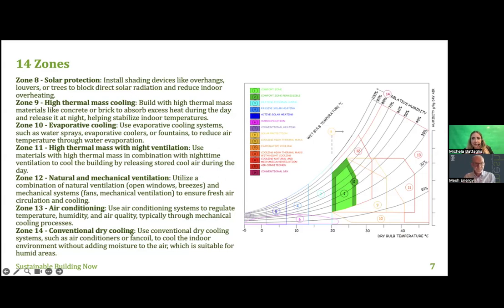Then in zone 9, we could implement the strategy of high thermal mass cooling. It's really important that all the thermal mass needs to be inside. For example, we could use walls inside our building that have high thermal mass, with materials like cement, rock, or adobe, that store the heat or cool and then release it over time.